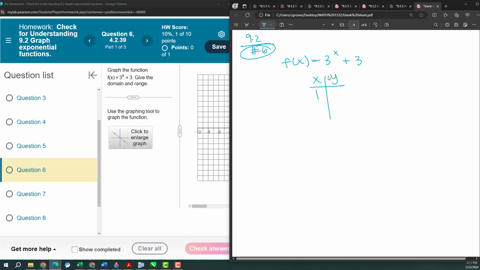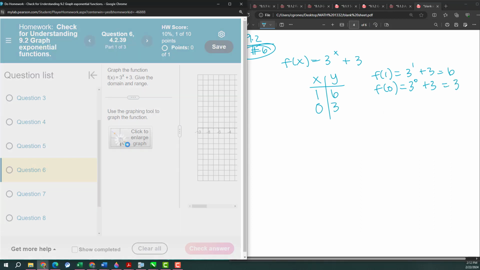For x equals 1, f of 1 equals 3 to the power of 1 plus 3, so I've got 3 plus 3 equals 6. I can also do 0. That will be a good one to figure out a point that's close to the origin. That's going to be 1 plus 3 equals 4... so I have a couple points that I can start with.